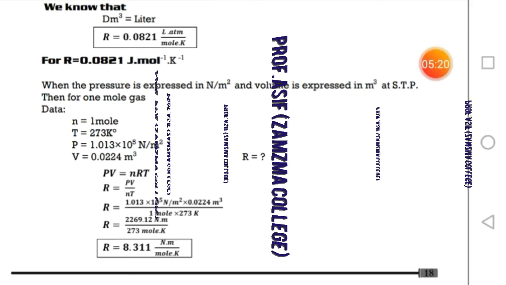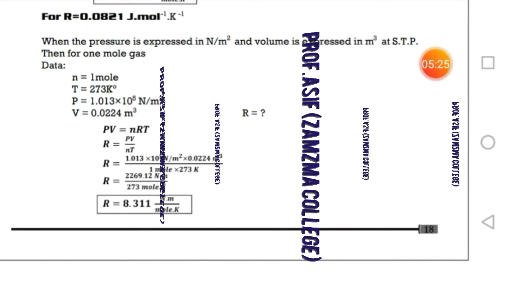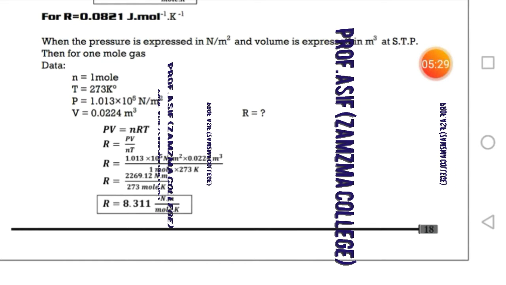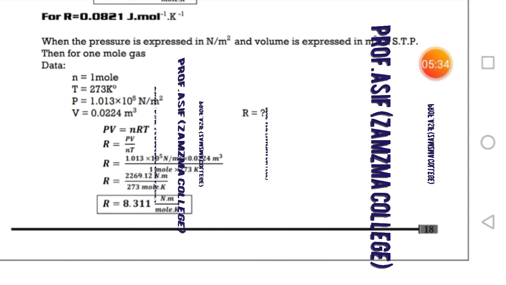By substituting and cancelling the units, you will get the final answer of R, that is 8.314 Newton meter per mole per Kelvin. Newton meter is actually a joule.